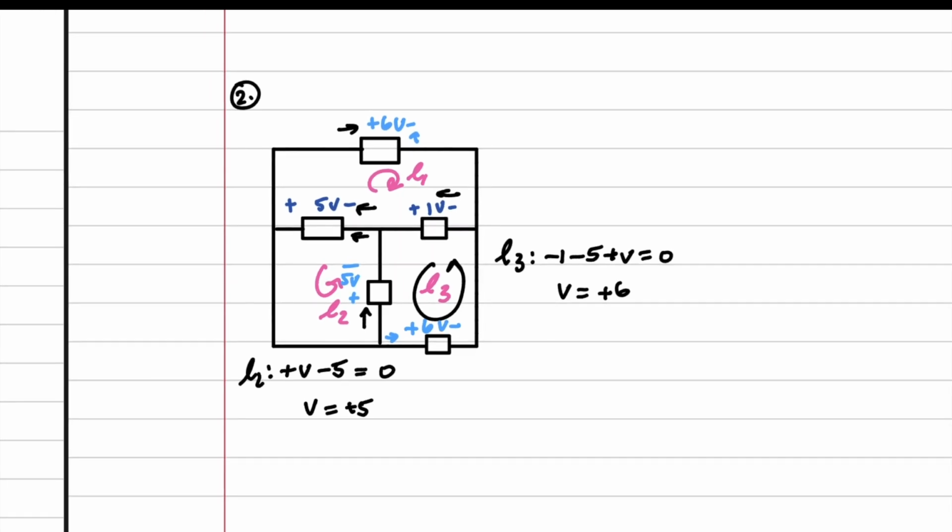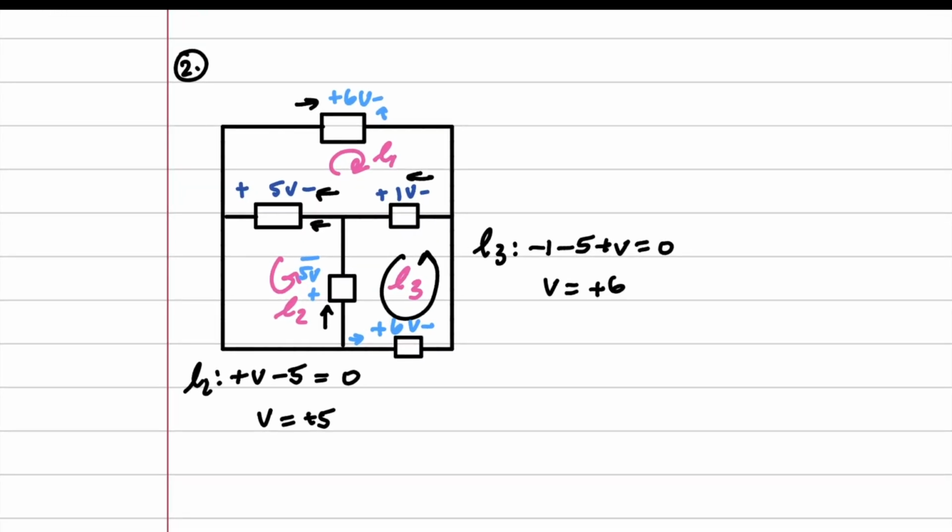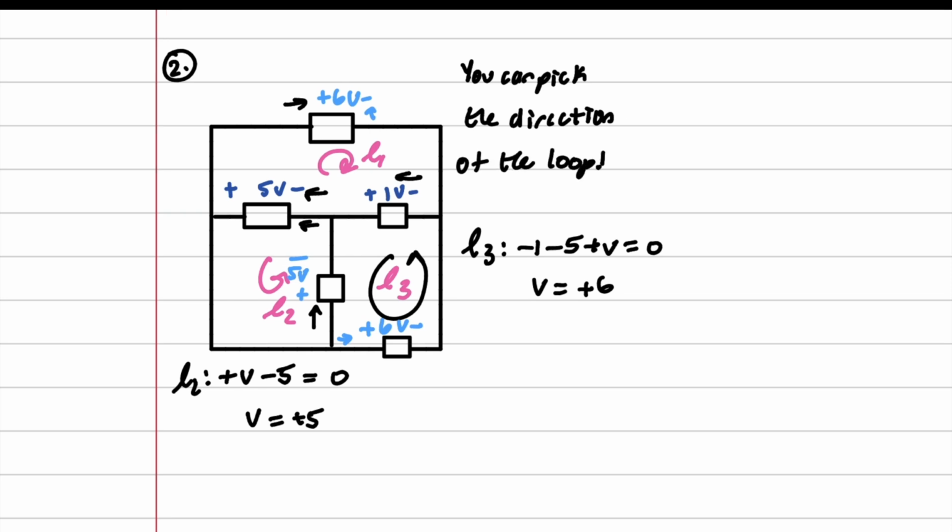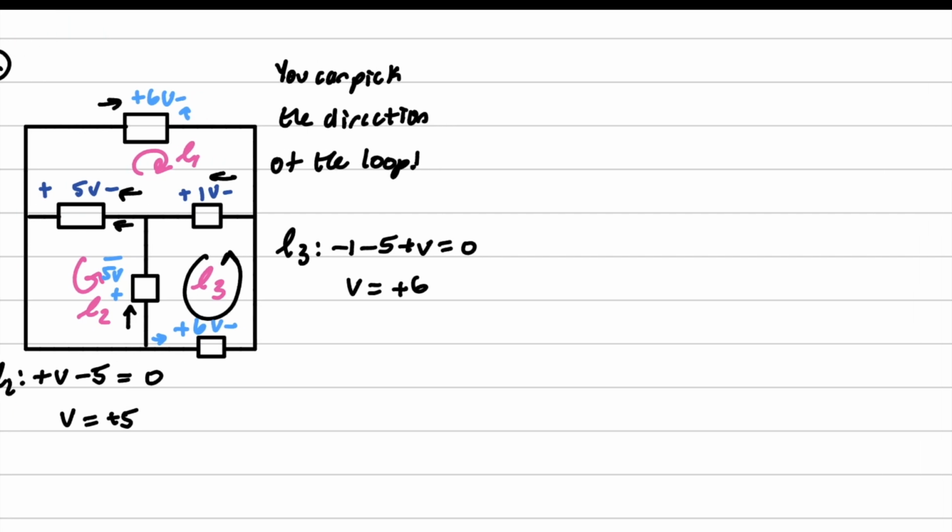And yeah, so the moral of the story here is that you can pick the direction of the loop, and as long as you stay consistent, that's a big thing.